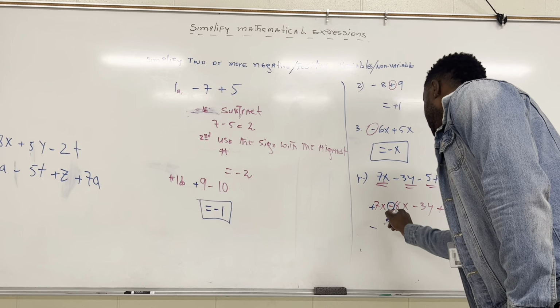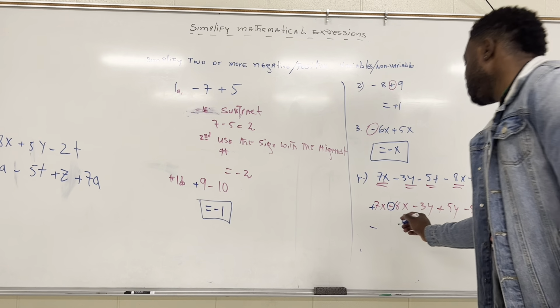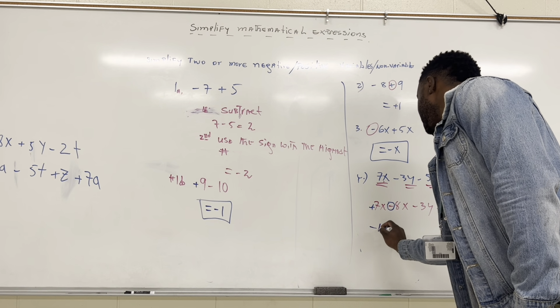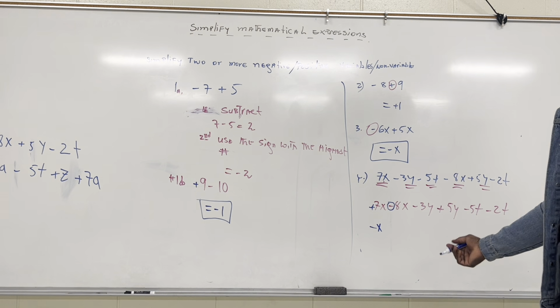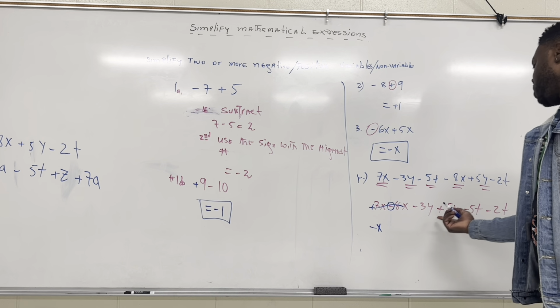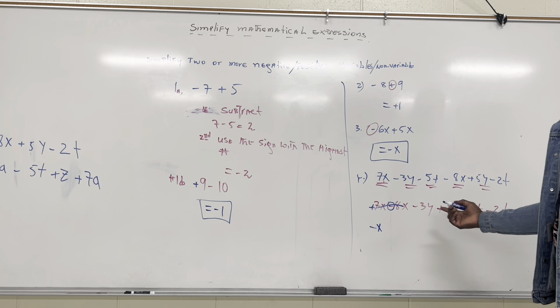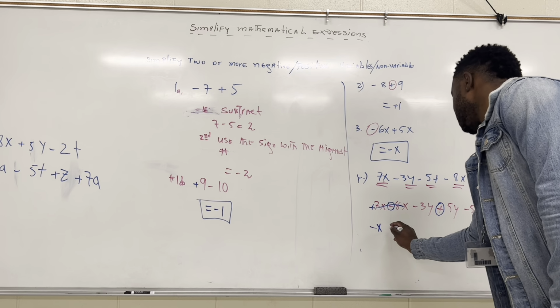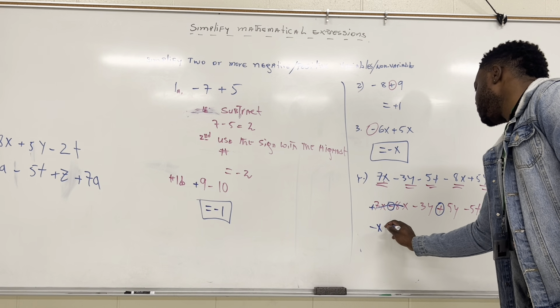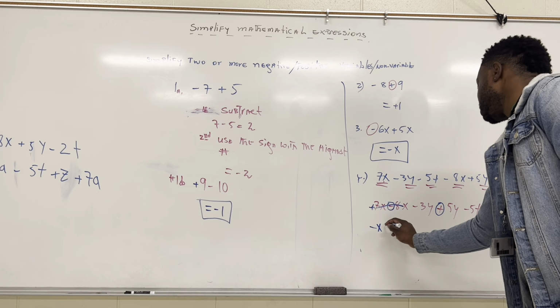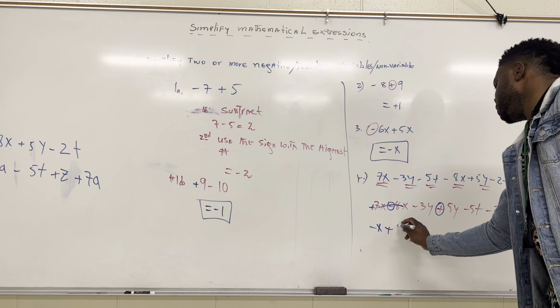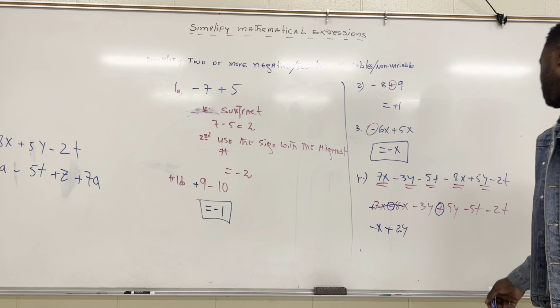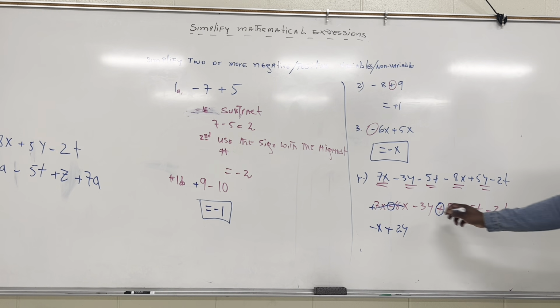So we put the negative and then we say 8 minus 7, which is 1x. We don't have to put the 1. And then we are done with this. Now we're going to be working with the y. So we say minus 3y plus 5y. The leading sign here is positive because 5 is bigger than 3. So then we subtract the numbers, 5 minus 3 is 2y.